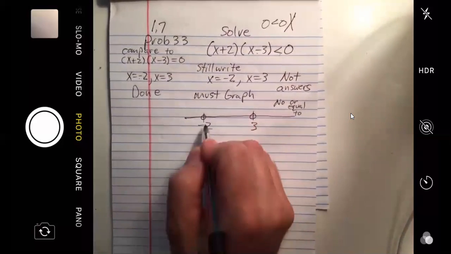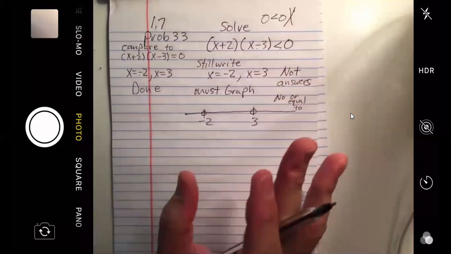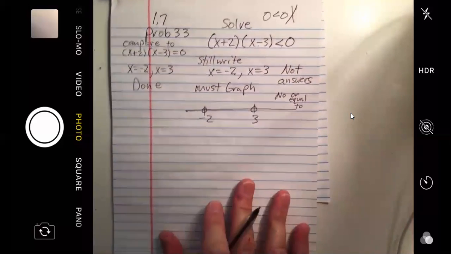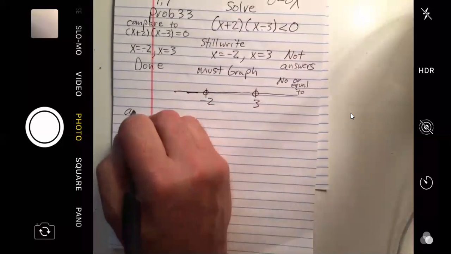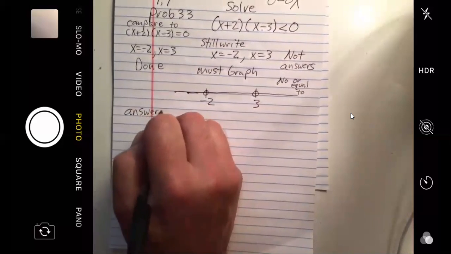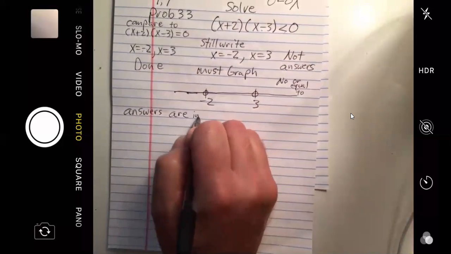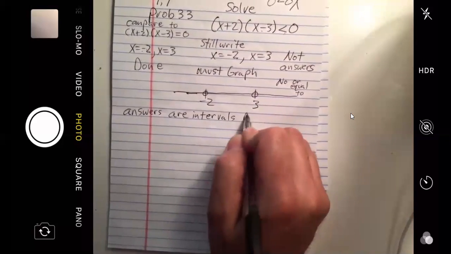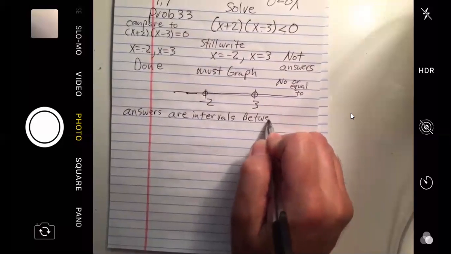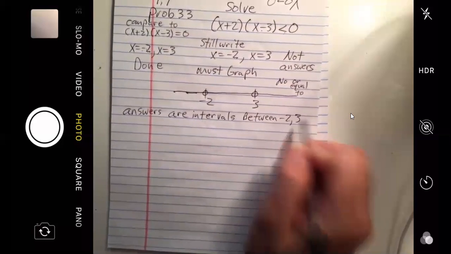That indicates neither number is an answer. The answers are intervals between -2 and 3.